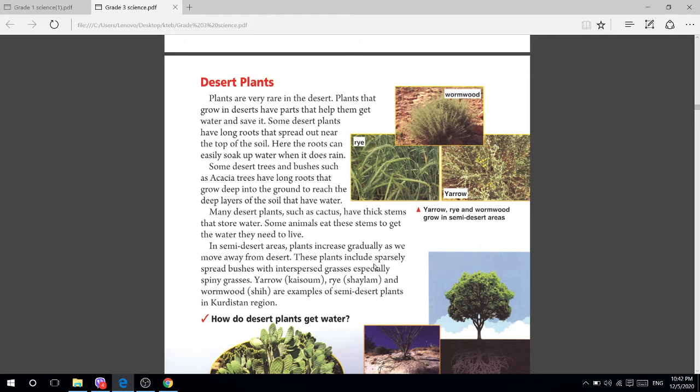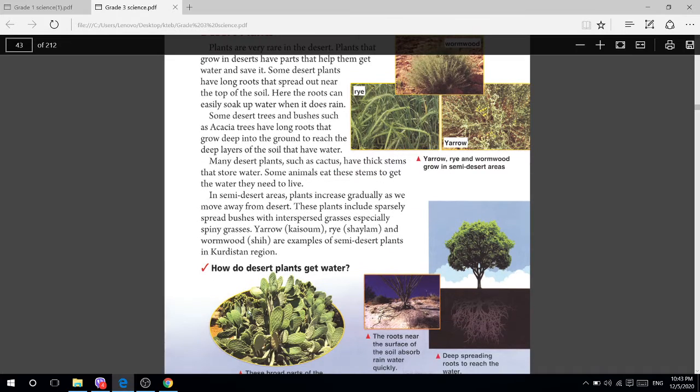These plants include sparsely spread bushes with interspersed grasses, especially spiny grasses. Yarrow, called kaisom in Arabic, ray, shailam, and wormwood are examples of semi-desert plants in the Kurdistan region.